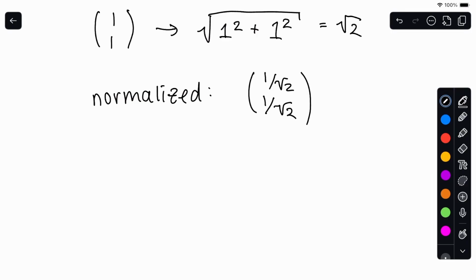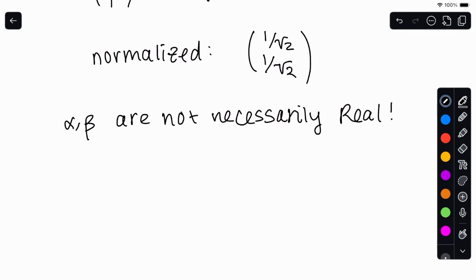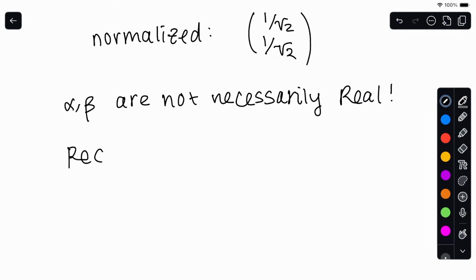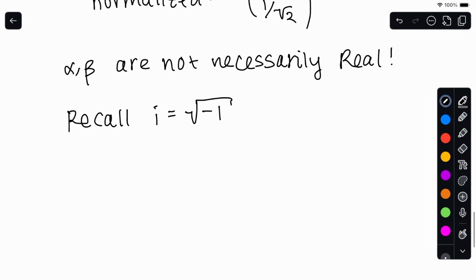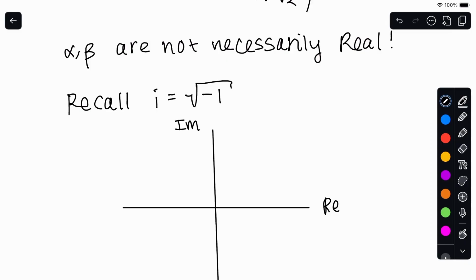Another important thing is that alpha and beta are not necessarily real. Basically, alpha and beta can be complex numbers. You can recall that i, the imaginary number, is the square root of -1. And we can have our complex numbers living in a complex plane, where the x-axis is reals and the y-axis is imaginary.